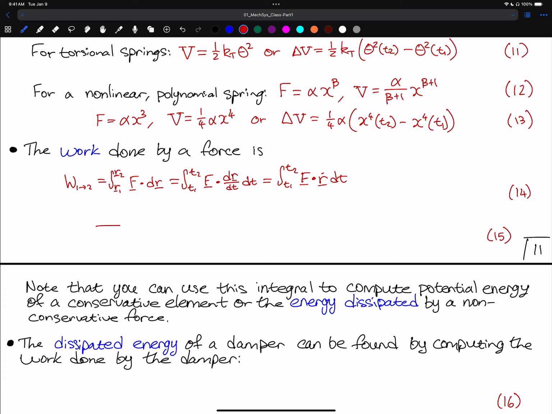In other words, the work done by a force from 1 to 2 is equal to the integral from t1 to t2 of the force dotted with the velocity vector, integrated with respect to time.